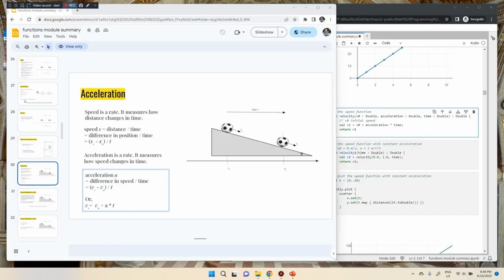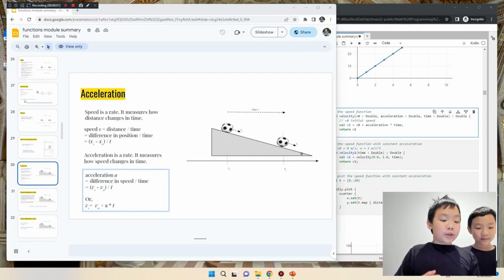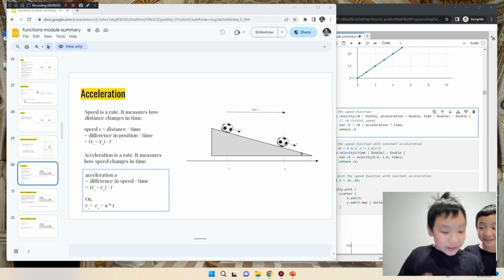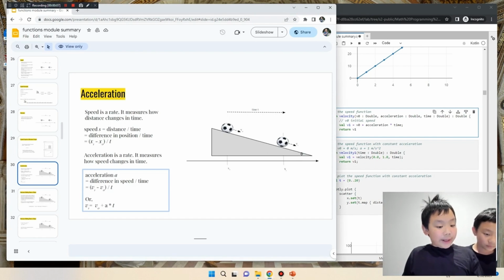So acceleration is a rate. It measures how speed changes in time. Acceleration, or A for short, is equal to the difference in speed divided by time. This is equal to V1, the new velocity, minus the old, or starting, velocity, divided by time.